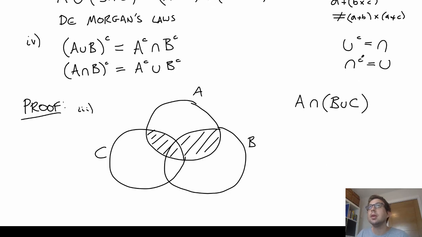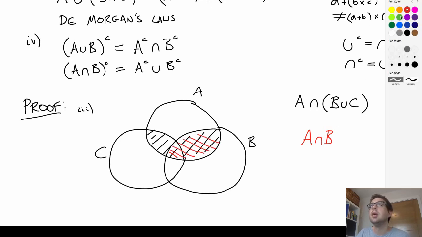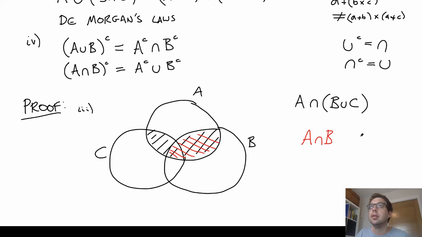Now, I want to look at how that compares with A and B. A and B, notice, is this area here, and I union that with A and C, which is this area here.